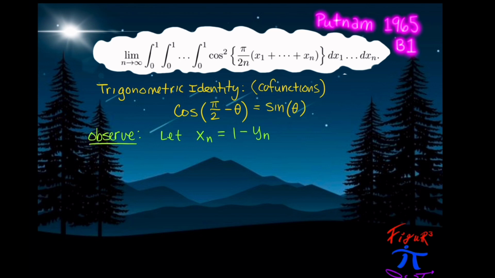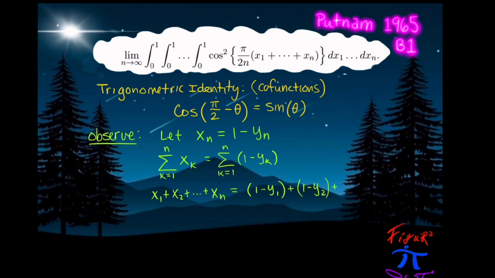We're going to let x sub n equal 1 minus y sub n, so that the summation of x1 plus x2 all the way up to xn can be expanded out as follows. In terms of y, we get 1 minus y1 plus 1 minus y2 all the way up to 1 minus yn.